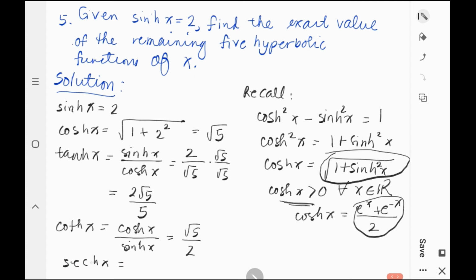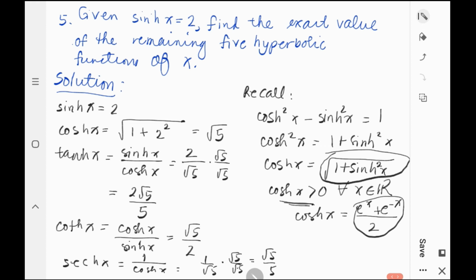This is the reciprocal of hyperbolic cosine. So this is what? 1 over square root of 5. Or by multiplying by this quantity, we get square root of 5 over 5.